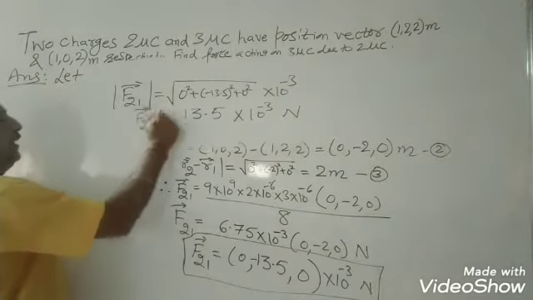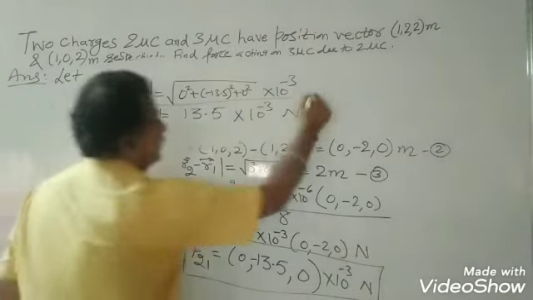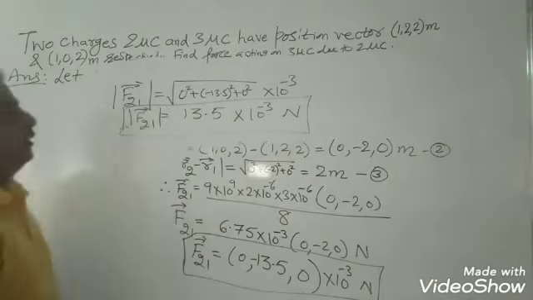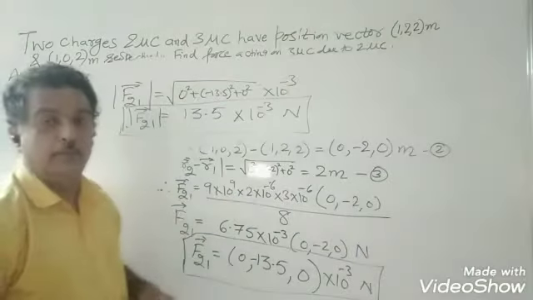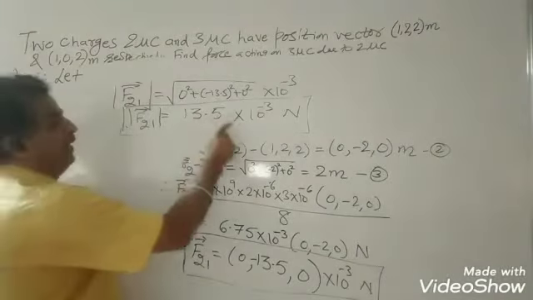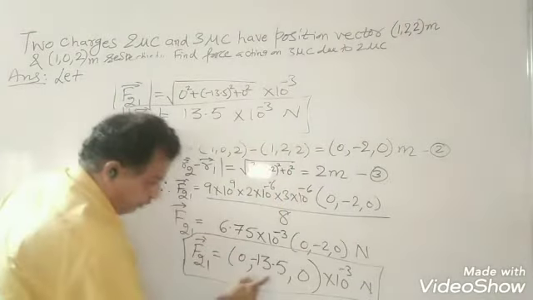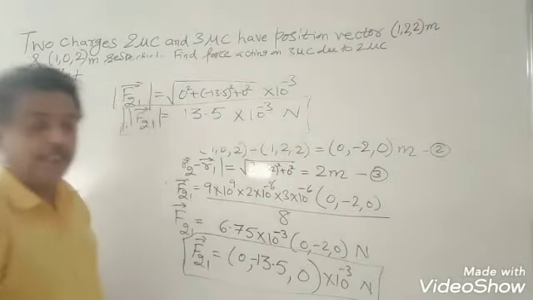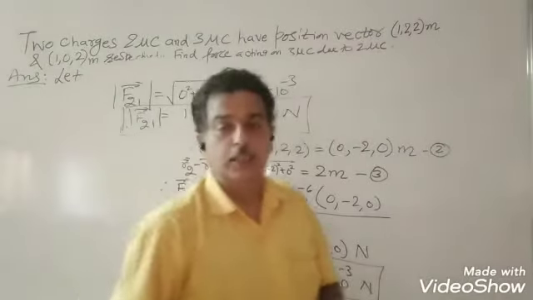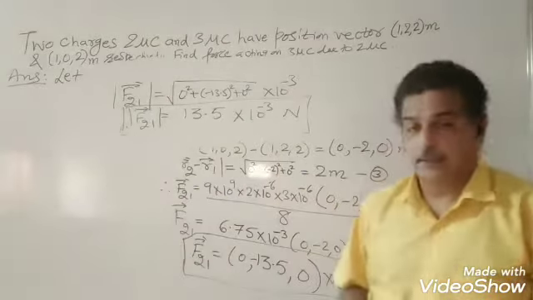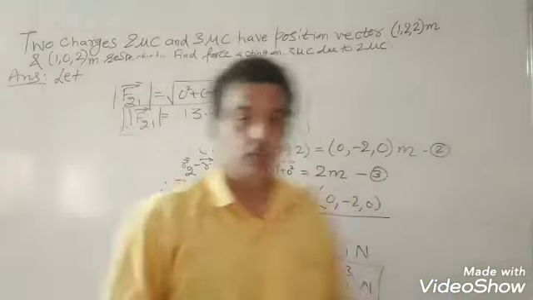So we can say the resultant force acting on 3 microcoulomb is 13.5 into 10 raised to minus 3 Newton, and from this form you can say the direction is along the negative y-axis. So this is the advantage of Coulomb's law in vector form.